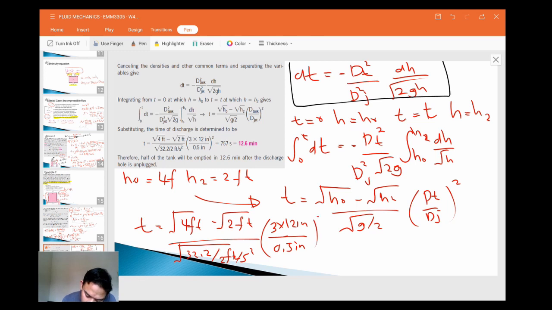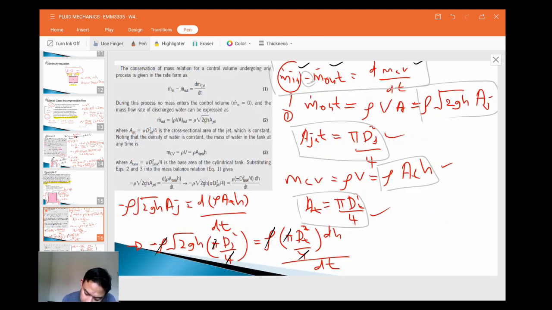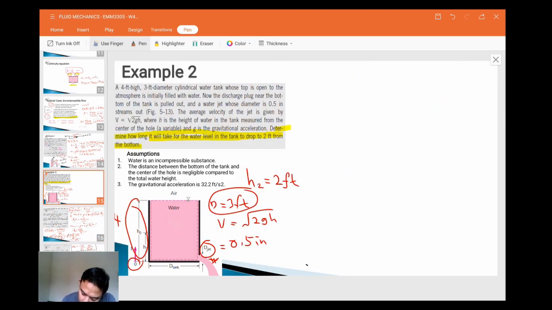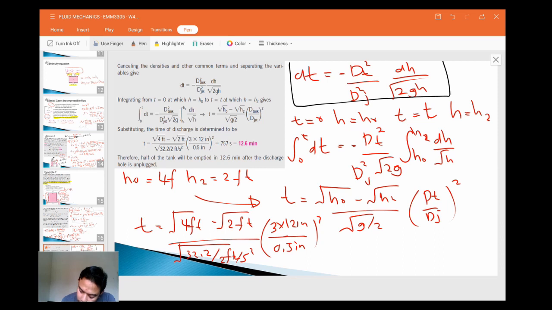This 0.5 inch is the diameter of the jet. So the final answer you will get is 757 seconds, or equal to 12.6 minutes. Okay, so this is your final answer.